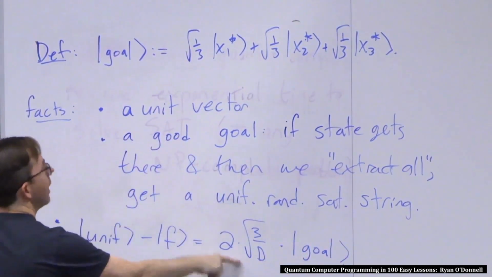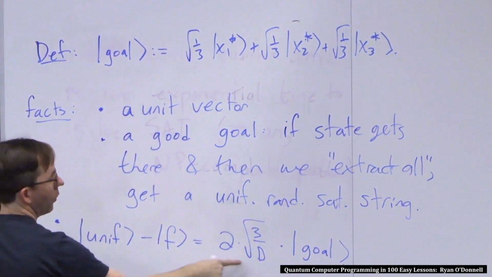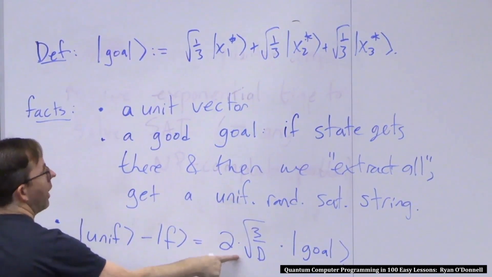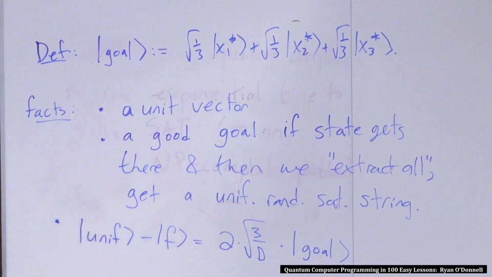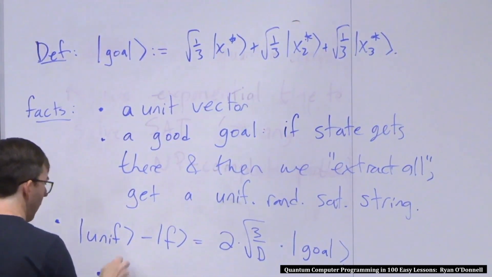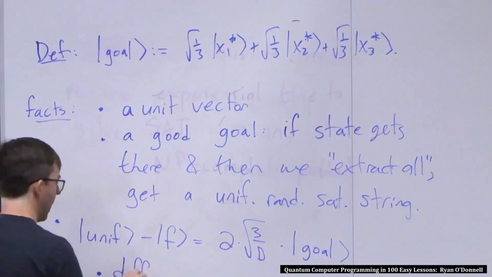Okay, you can just check that. If you take this goal and multiply all the coefficients, or the amplitudes, by 2 times square root of 3 over d, you get back to this. So, yeah, sorry. What does this tell us? Well, one thing is that this difference vector, we know its exact length.